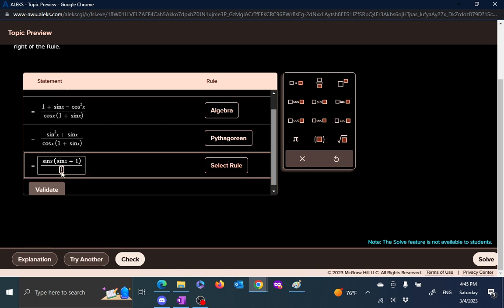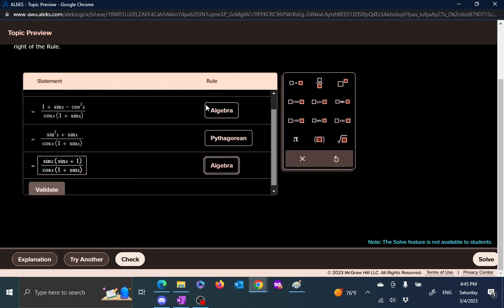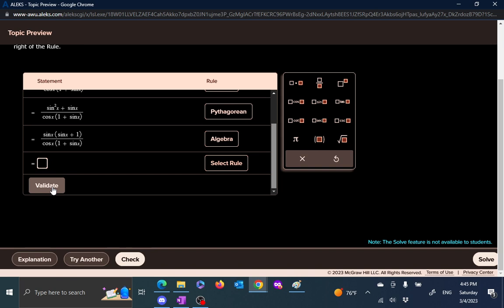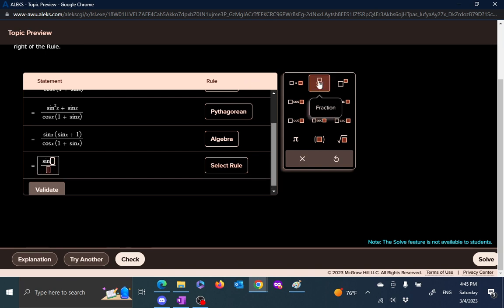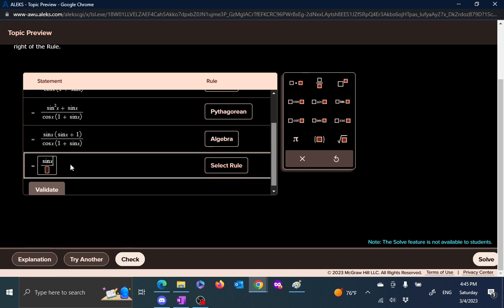And denominator, I have cosine of x times 1 plus sine of x. What did we do? We just did algebra, nothing else.